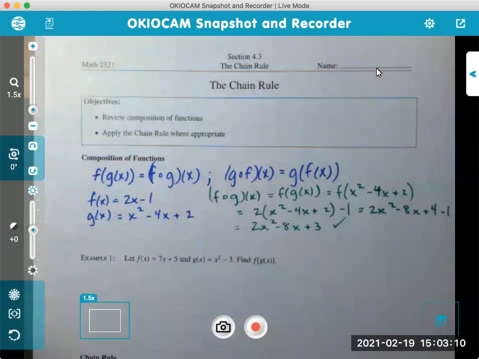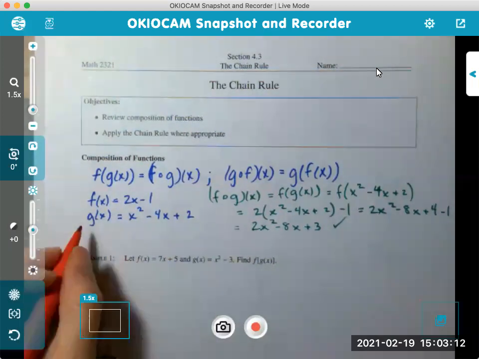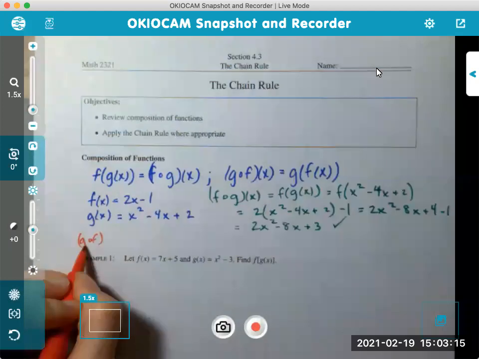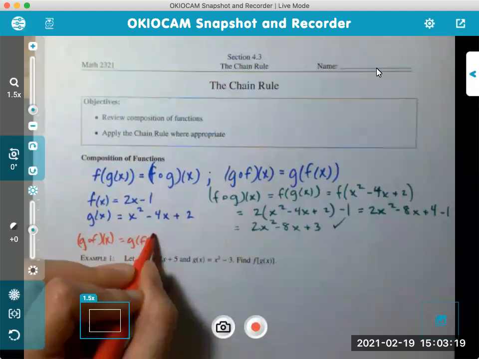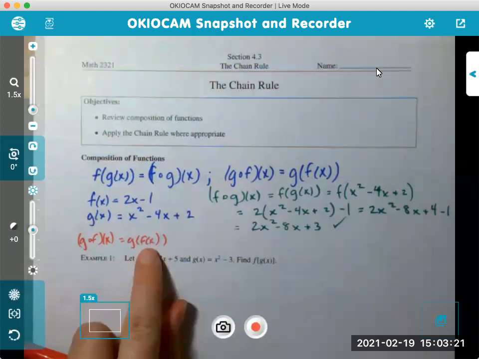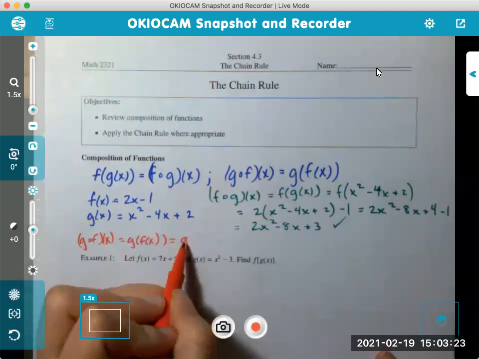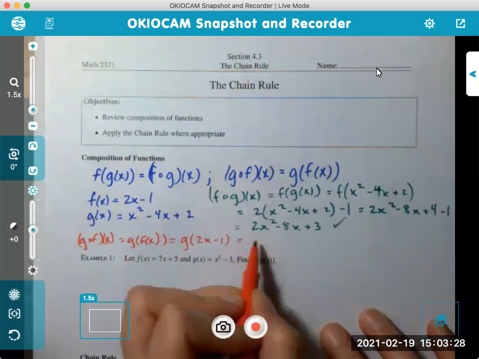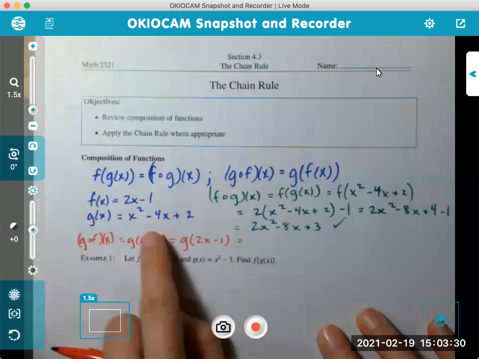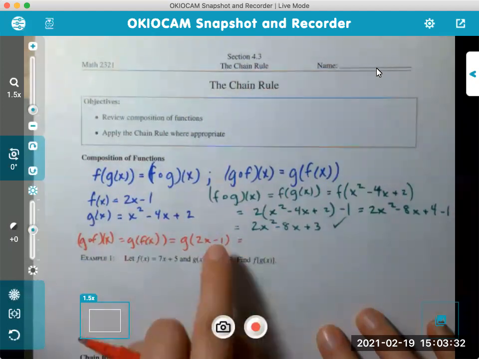But if you notice, if we do g composed of f of x, so this is g of f of x. So making a substitution for f of x, this is equal to g of 2x minus 1, which now for g, wherever there's an x, we now put in 2x minus 1.